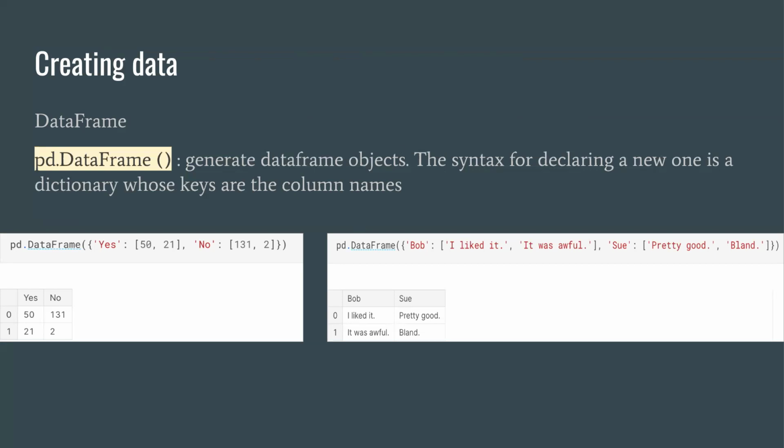If you look at the second example, you see Bob and Sue, whose values are a list of entries. This is a standard way of constructing a new data frame, and it's the one you're most likely to encounter.